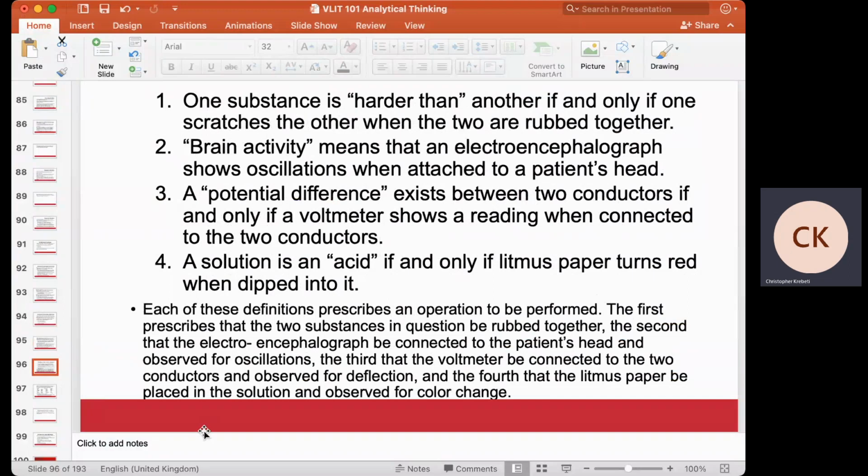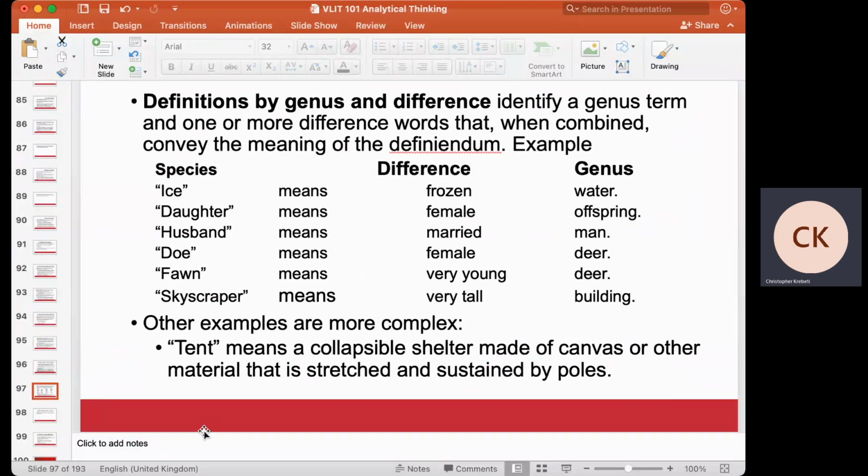The third, that the voltmeter be connected to the two conductors and observe for deflection. And the fourth, that the litmus paper be placed in the solution and observe for color change. So once it happens, then it means that the word applies. If it doesn't happen, then the word doesn't apply. That is how operational definitions are.